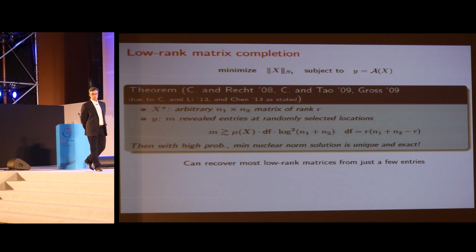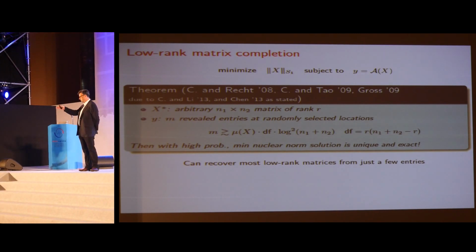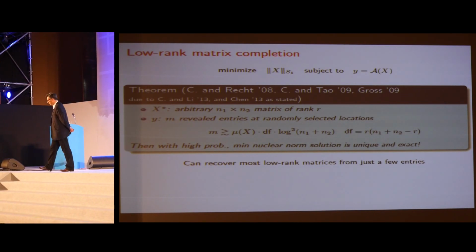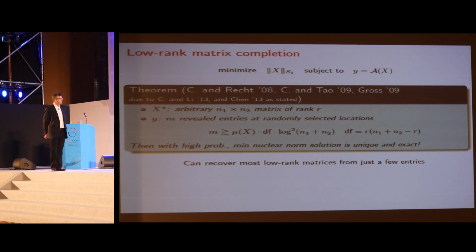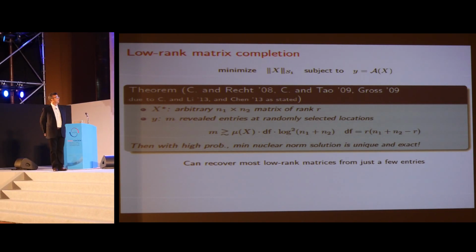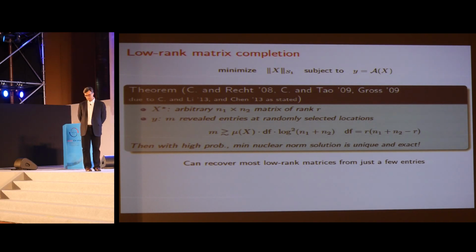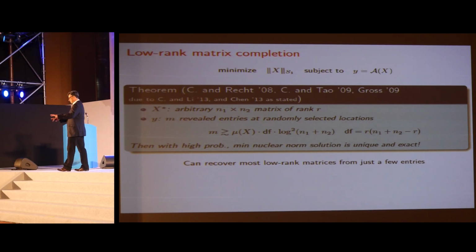If we make sure that the number of entries is above the coherence, which in the incoherent case is close to 1, times the number of degrees of freedom, the number of parameters a rank R matrix depends upon, times the logarithmic factor, then when I solve this minimum nuclear norm problem, it's going to guess all the missing entries without making any error whatsoever.